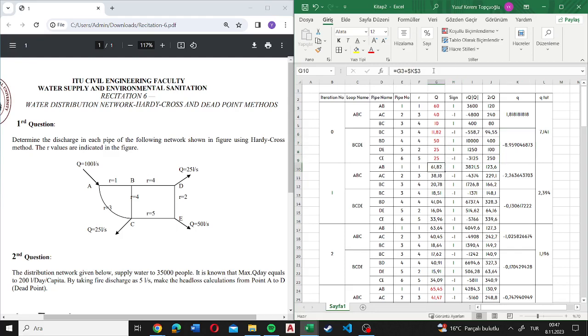After the same calculations, adding the Q values to all of the first assumed values, we find new Q's like this. As we see, the Q values are much lesser than the first Q value.